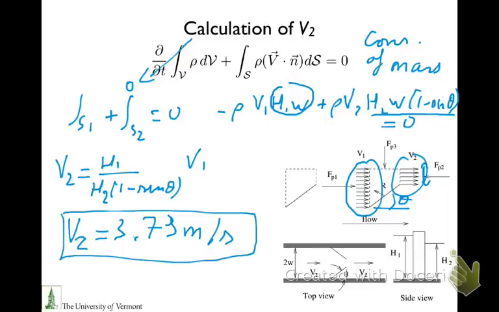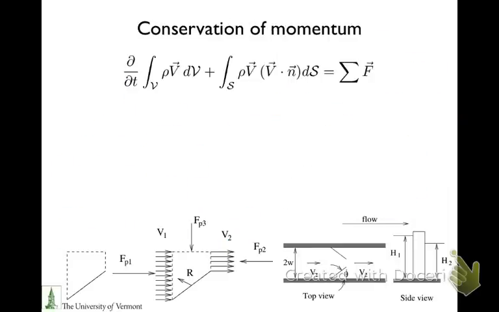So now that we know the momentum in section 2, let's write our conservation of momentum equation that is shown here. So again, we have flux of momentum only through S1 and S2, nowhere else. And so due to the normals, I can directly write that the flux of momentum through section 1 is minus rho V1 squared.